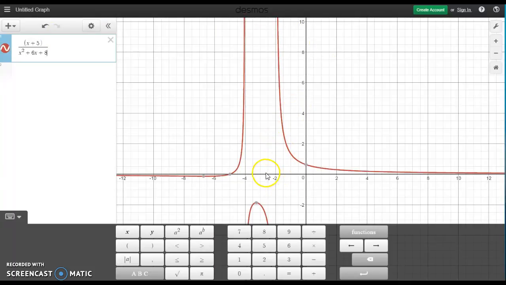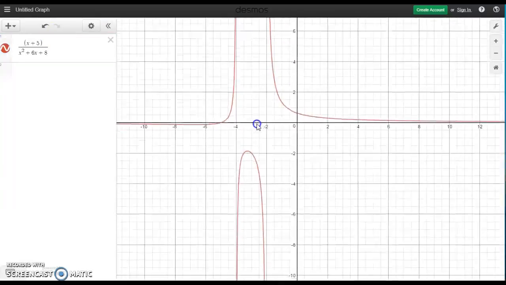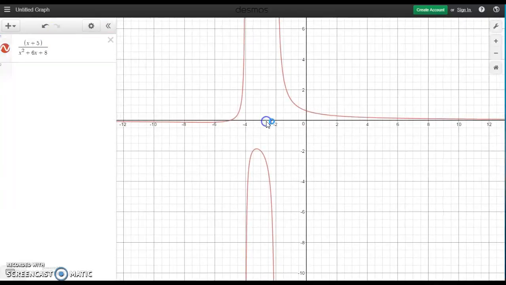Now this looks funky, or I think it looks funky. My y-intercept's at 5/8, give or take, right there. I have a domain issue at negative 4, see my asymptote? I have a domain issue at negative 2, see my asymptote?